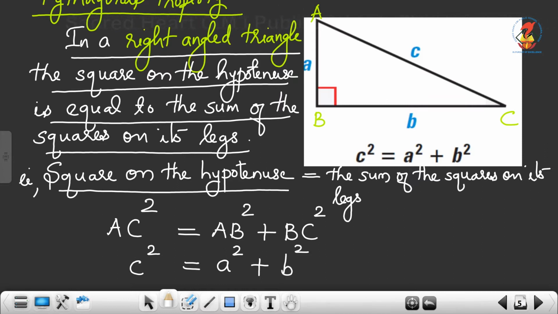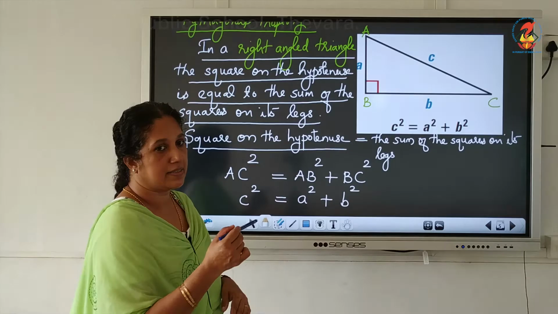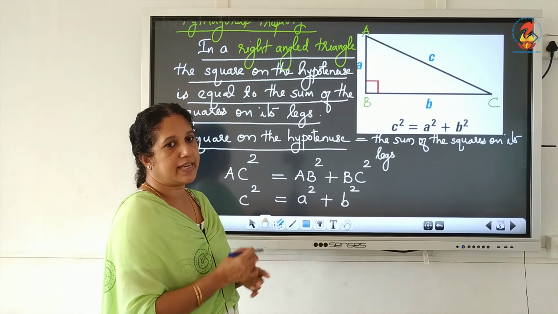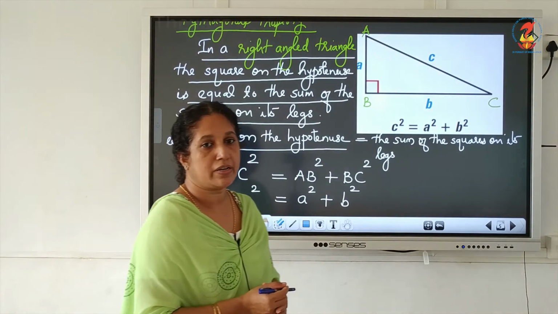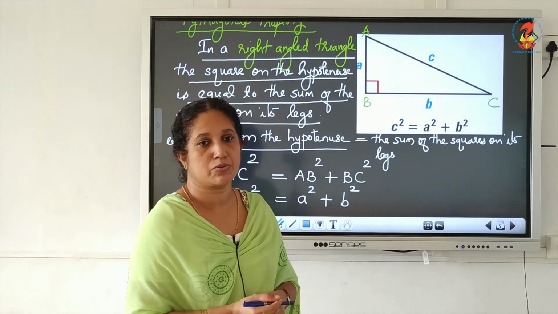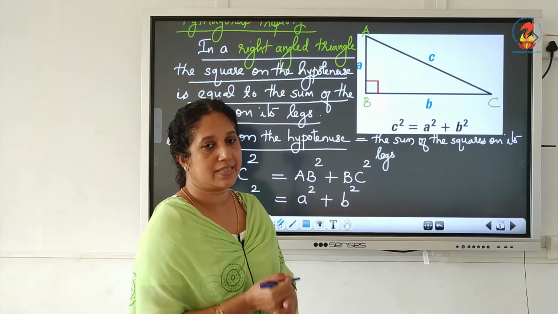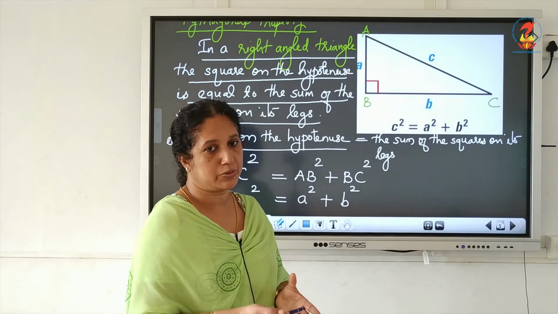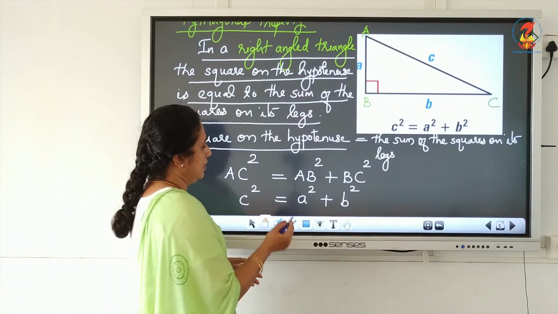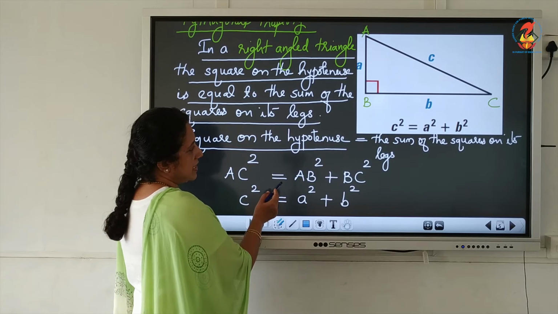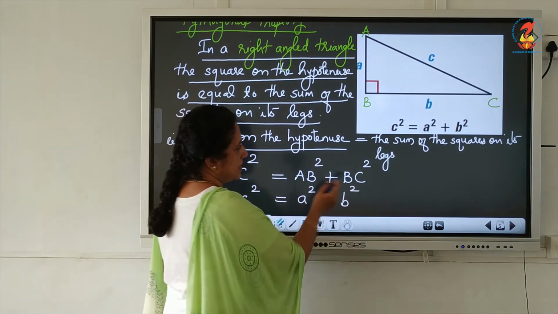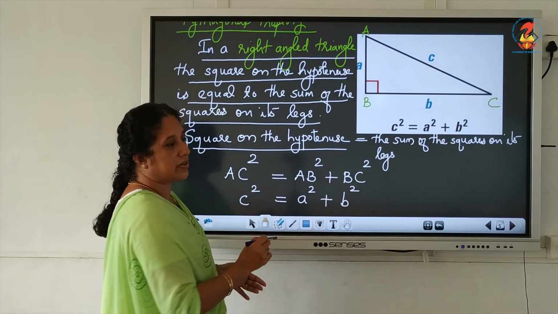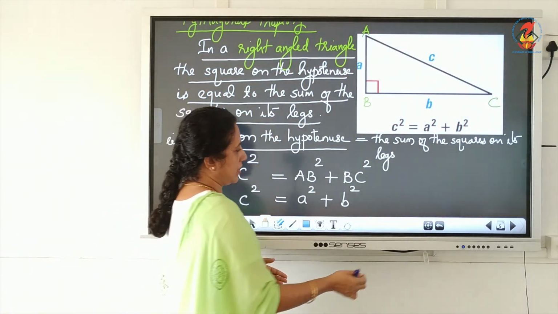Therefore, c square is equal to a square plus b square. So you have to learn the statement properly. In a right angled triangle, the square on the hypotenuse is equal to the sum of the squares on its legs, or simply the sum of the squares of the other two sides. So AC square is equal to AB square plus BC square, and c square is equal to a square plus b square.